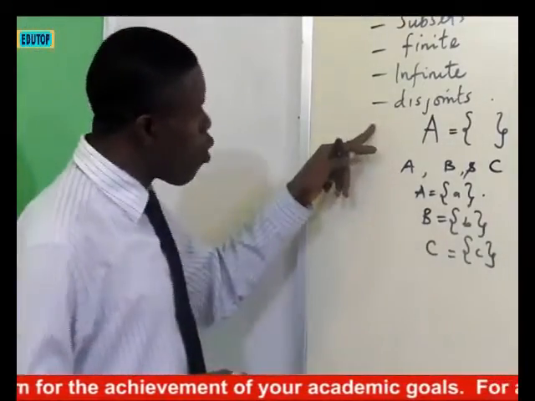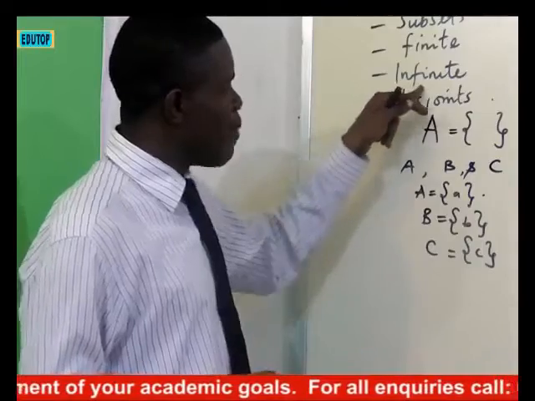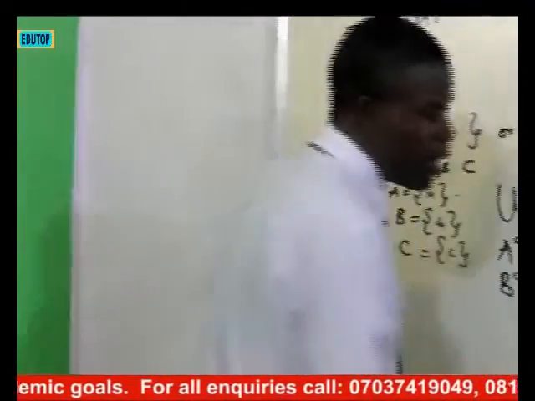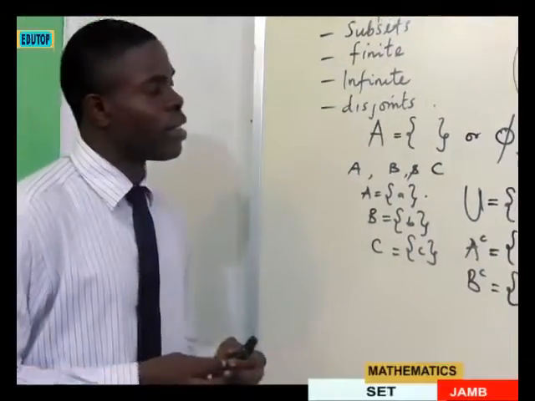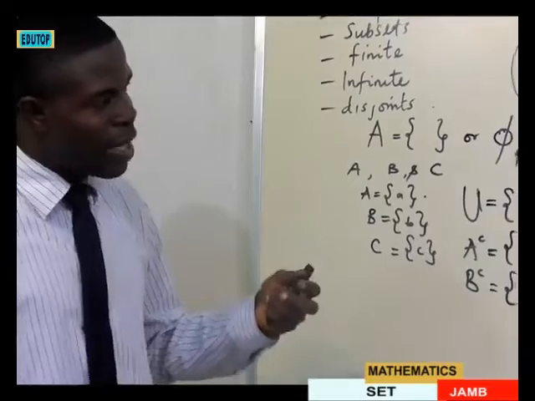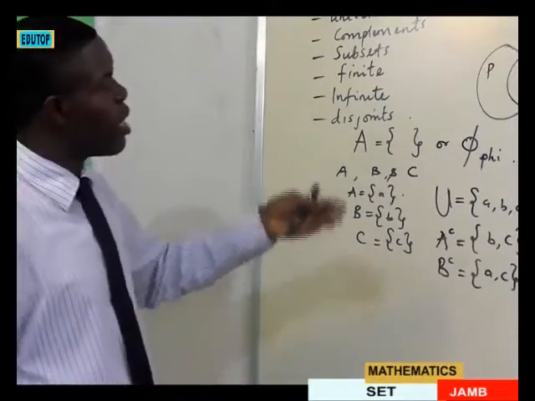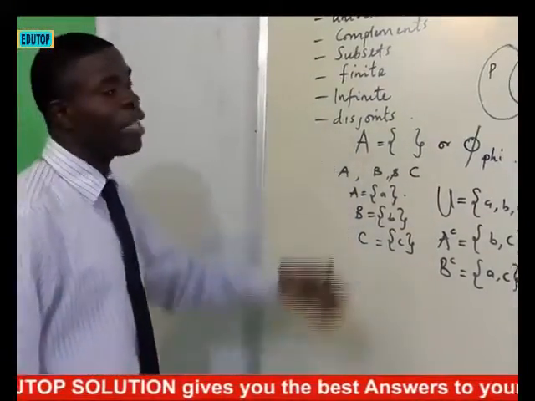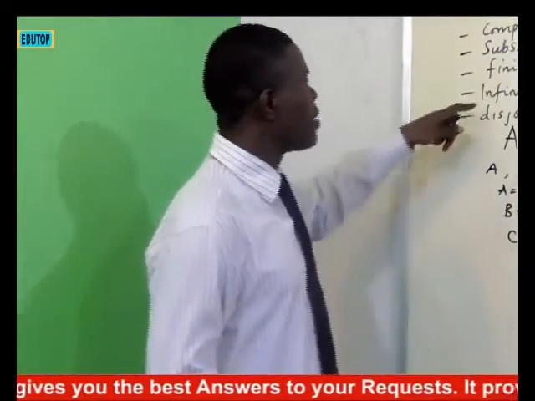That is an example of an infinite set: a set of all human beings with 2 heads. You know that one, you cannot get that. It cannot be determined, or calculated, or counted, because hardly can you get a person with 2 heads. So that makes it an infinite set.